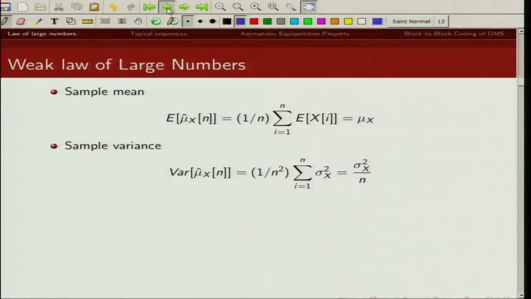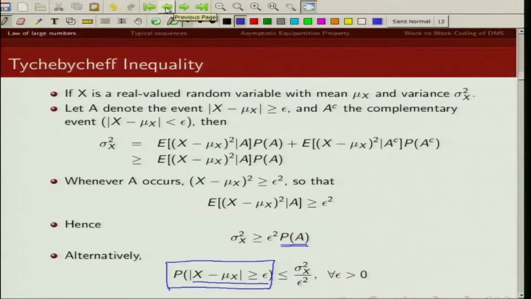Again, just go back and look at this expression. I'm replacing x by mu hat of x, and its variance by the variance of mu hat of x, whose mean is given by this expression, and the variance of mu hat of x we just proved is sigma square by n.